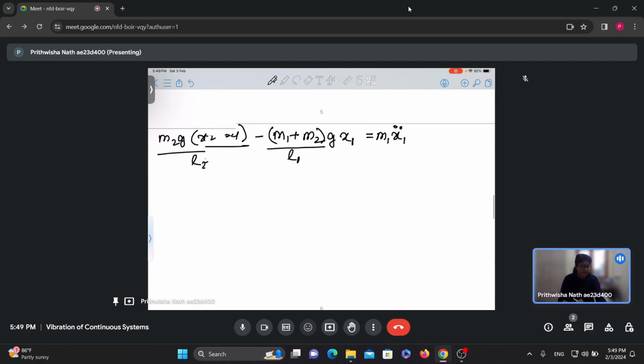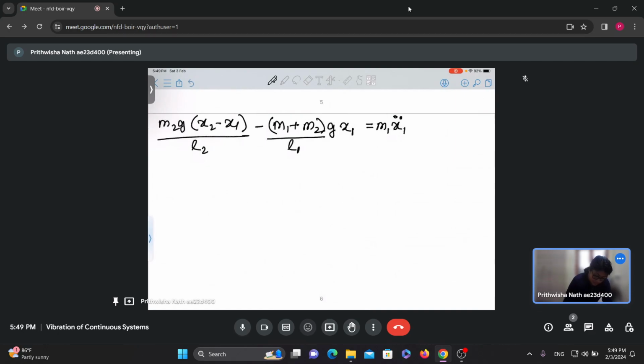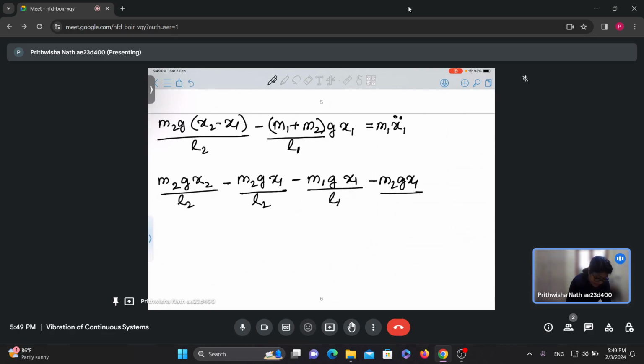Now we need to rearrange this equation. M2G x2 by L2 minus M2G x1 by L2 minus M1G x1 by L1 minus M2G x1 by L1 equals M1 x1 double dot.